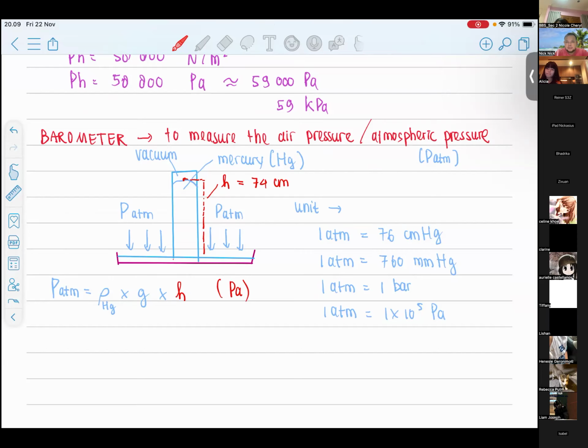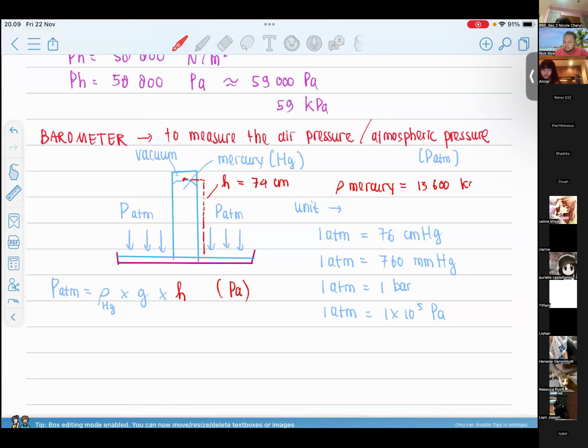Wait, my internet is slow here. It is 13,500. Now, density of mercury is not always like that, students. It depends on the type of the mercury. This is 13,600 kilogram per meter cube.